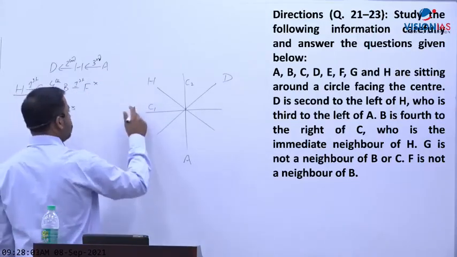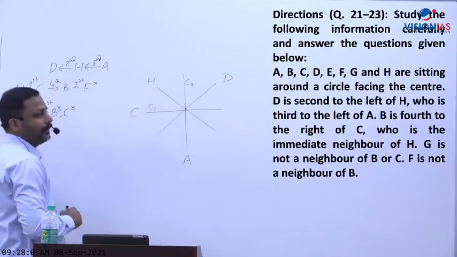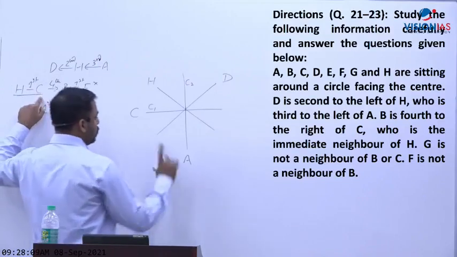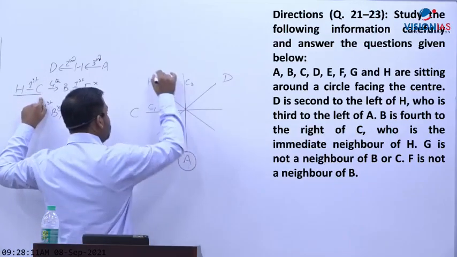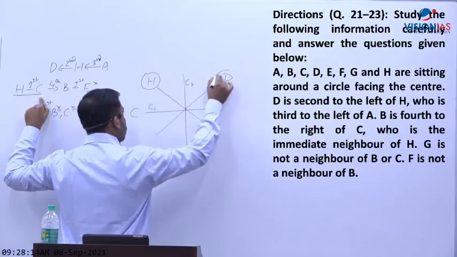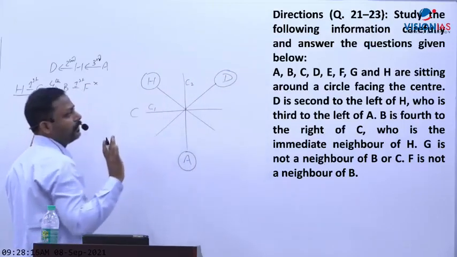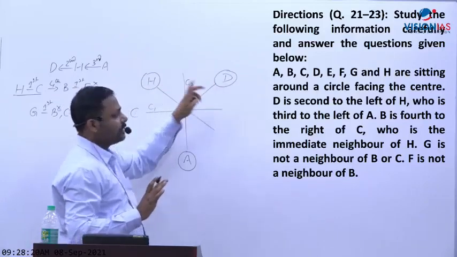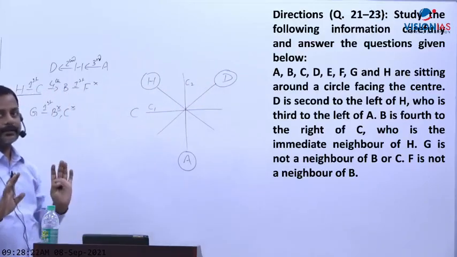So case number one, when we put C on the right hand side of H. Remember this: as these three pieces of information are already placed before starting the possible condition, the positions of these three persons will remain fixed.